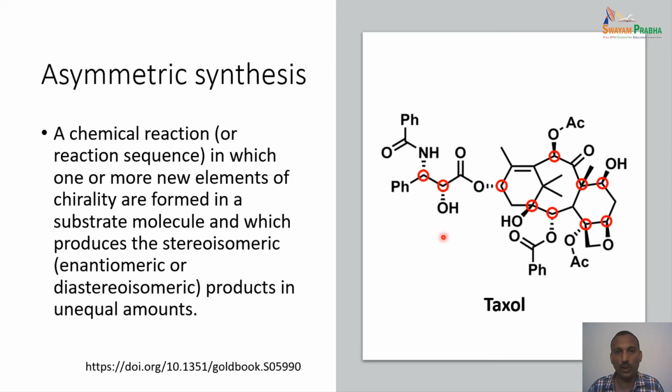If we assume 2 to the power n stereoisomers are possible, we are going to get 2 to the power 10 stereoisomers for this particular compound. That shows how complicated the synthesis is going to be. That is why the total asymmetric synthesis is always a very great challenge. And when these kinds of complex molecules are synthesized, they are published in very high quality journals.